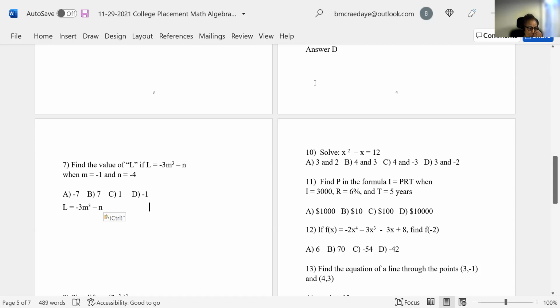Now substitute. Substitute M and N values in this equation. Tell me what you get. So wherever you see an M, you want to put a minus 1. Where you see an N, you want to put a minus 4.